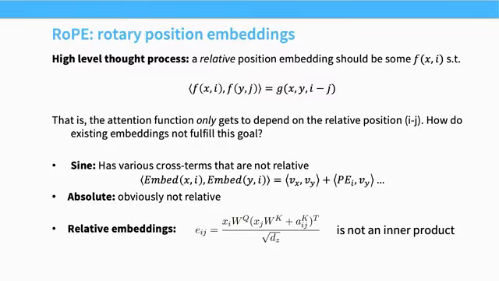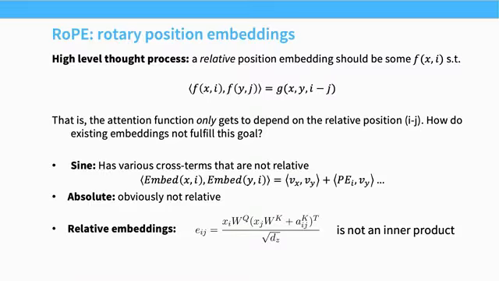And we want to represent it in this way, right? So I have an embedding F, and I have another embedding F, and these are going to take in the identity of the words X and Y and the absolute positions I and J. And I want the inner product of these embeddings to be equal to a function that only depends on the relative difference, right?